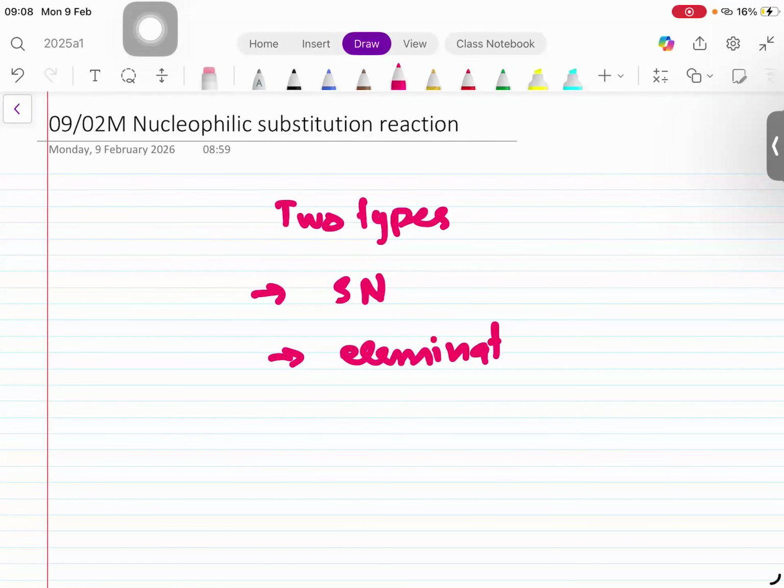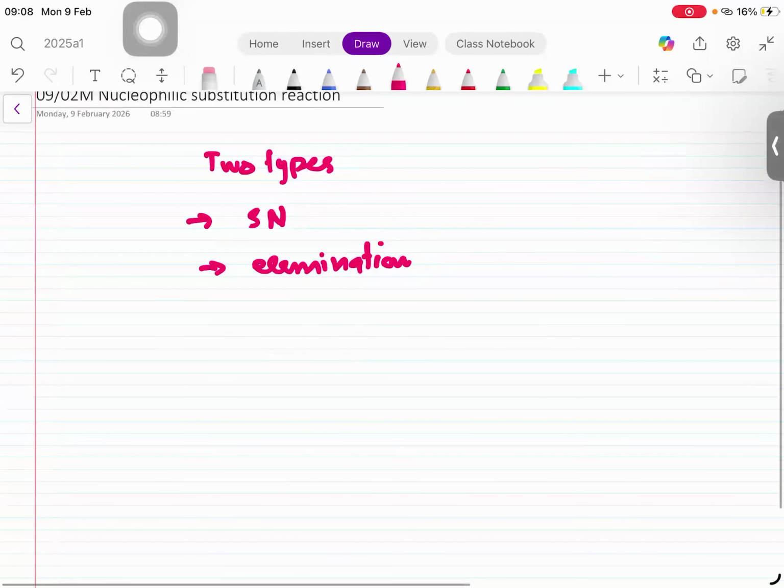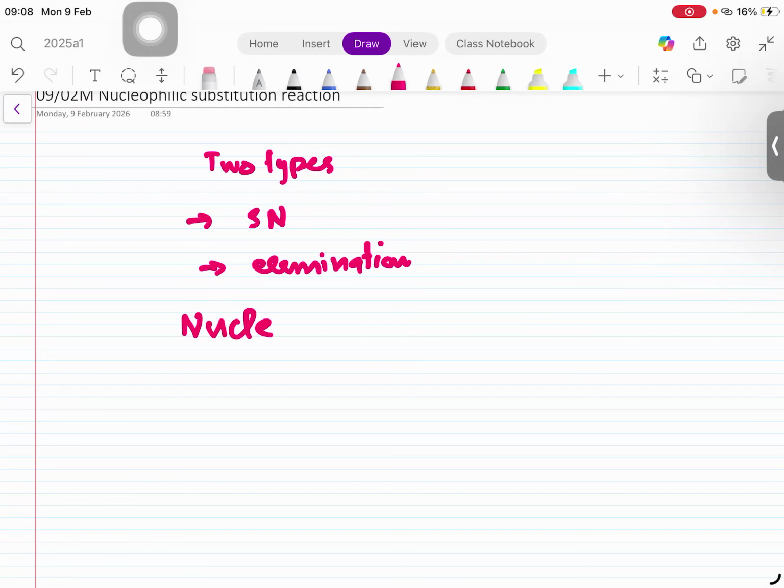Today we are proceeding to see the mechanism for nucleophilic substitution. The mechanism of elimination is not in our syllabus, but for nucleophilic substitution we have to discuss how the mechanism takes place. So please write down: nucleophilic substitution reaction of haloalkane.